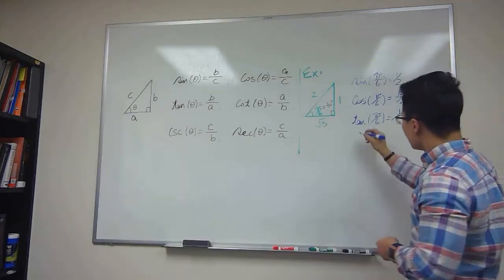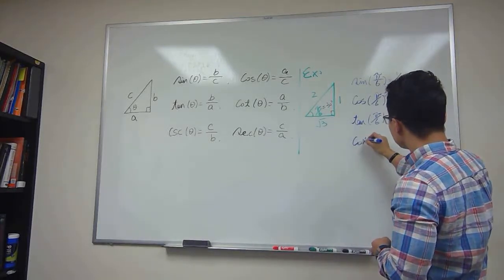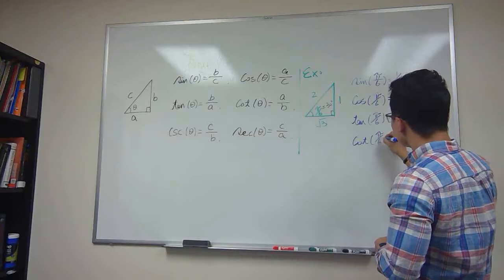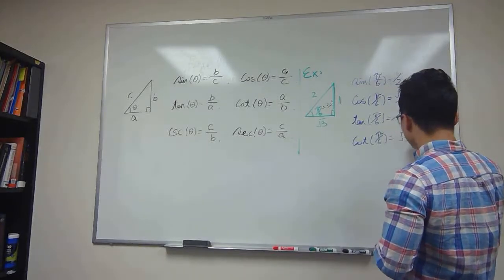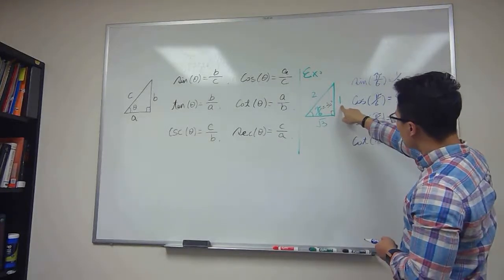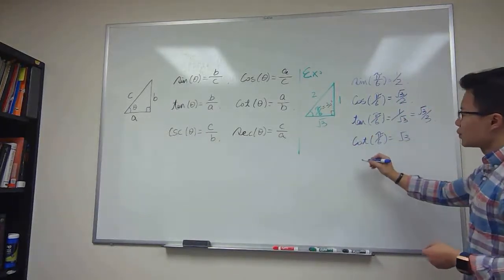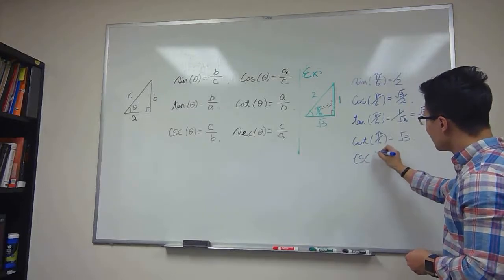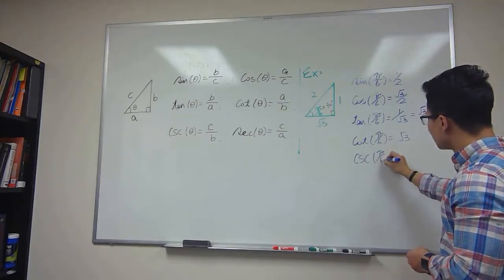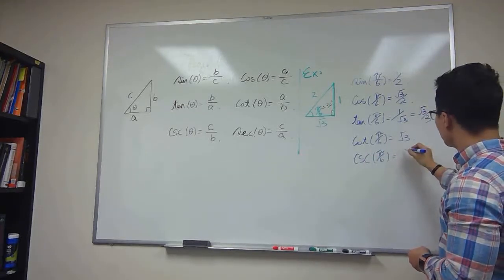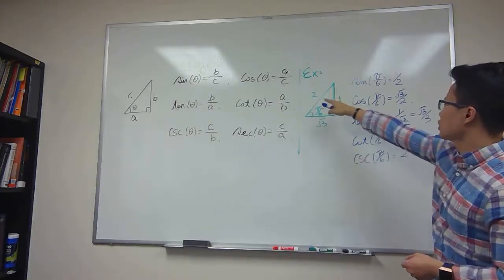Then we have cotangent of pi over 6, which equals root 3, because it's root 3 over 1, which is just root 3. The next one is cosecant of pi over 6, which equals 2, because it's 2 over 1.